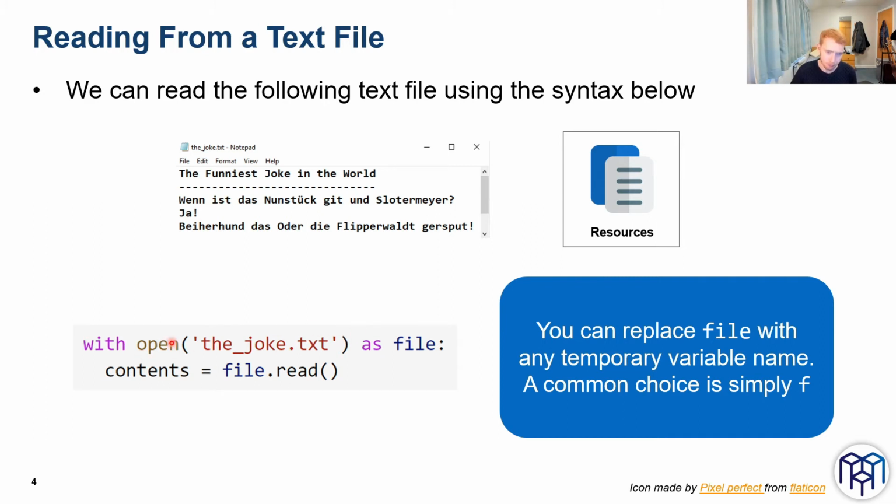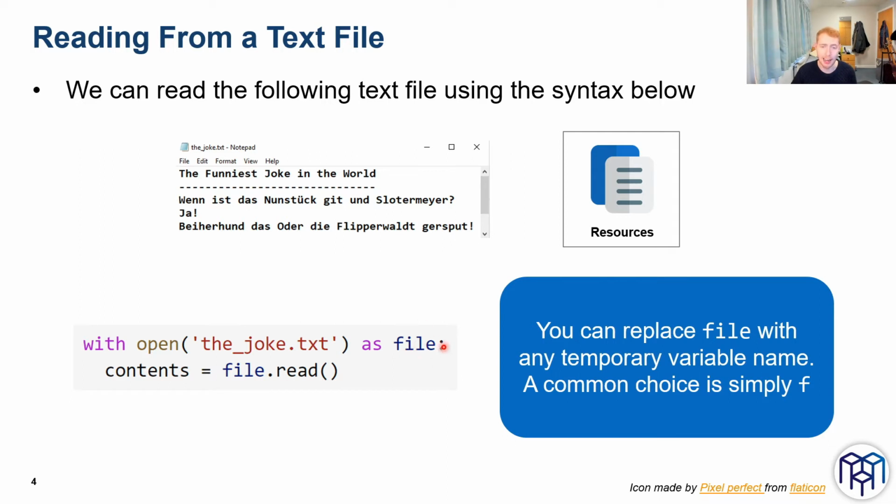And so what we're going to do, with this connection, we're going to do some code. So with this, and we're going to give this connection a name, just so it's a bit easier to reference. And so we're going to use this as keyword to kind of alias or assign a name to this connection. And we're just going to call it file. Some other names might be f is a common one. You might call it the joke.